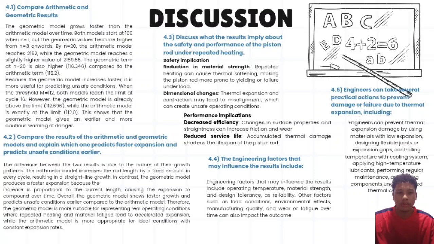To reduce the risk of damage, engineers can use low expansion material, design expansion gaps, control temperature with cooling systems, apply suitable lubricant, and perform regular maintenance. Overall, the geometric model better represents real operating conditions and supports safer engineering decisions.